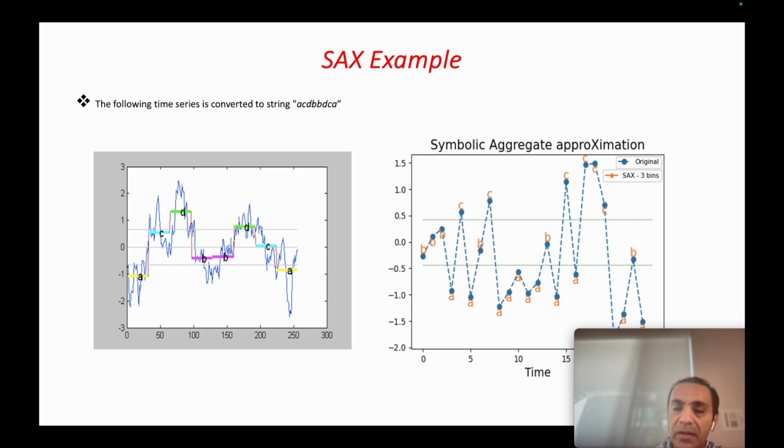The bottom bin is all A alphabet, the middle bin is all B alphabet, and the vertical bin is all C alphabet. That's how it converts the original time series into bins and into a string, and the whole time series is now represented by this string called ACDBBDCA.